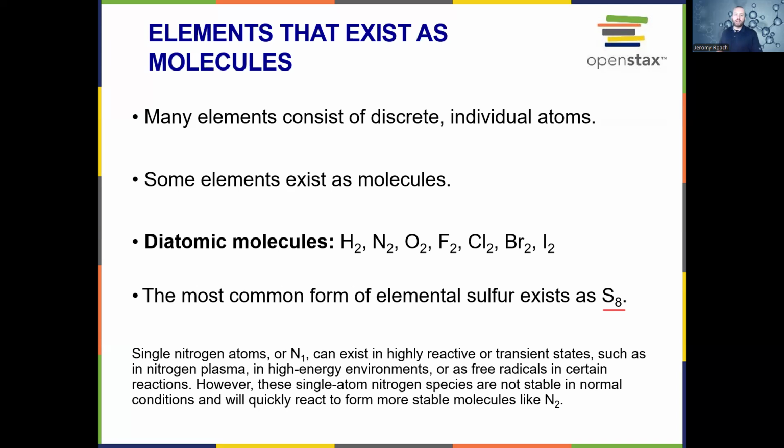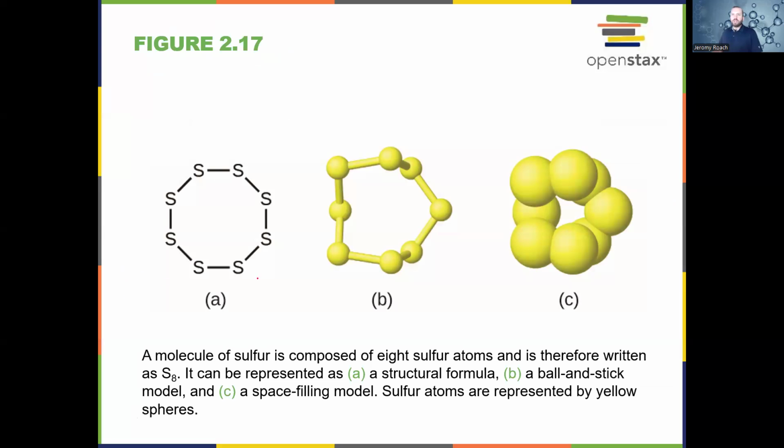One of the most common forms of elemental sulfur exists in a ring of 8 sulfur atoms. We write it sulfur S8. And these forms tend to be more stable than their isolated atoms for these elements, and that's why they are creating these diatomic molecules.